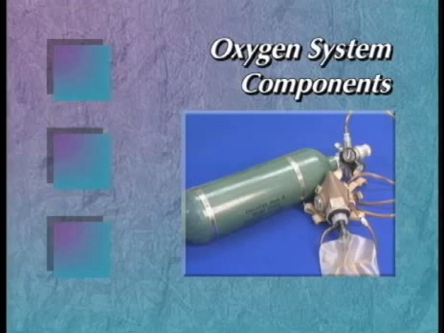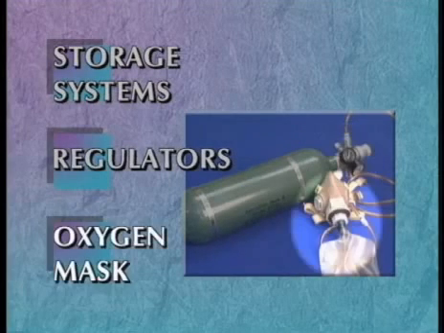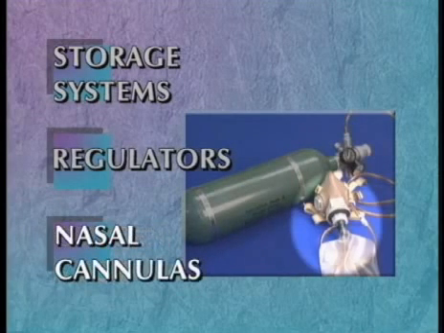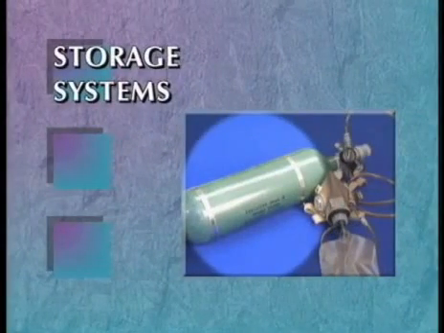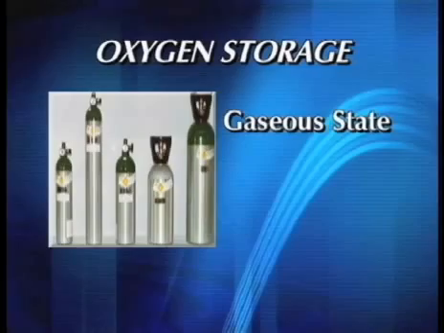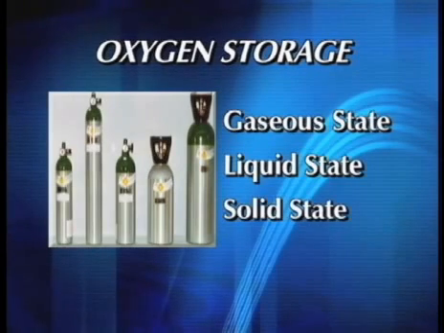There are three components on most oxygen systems, whether they are portable or fixed: storage systems, regulators, and oxygen masks or nasal cannulas. There are three ways to store oxygen: gaseous state, liquid state, and solid state.